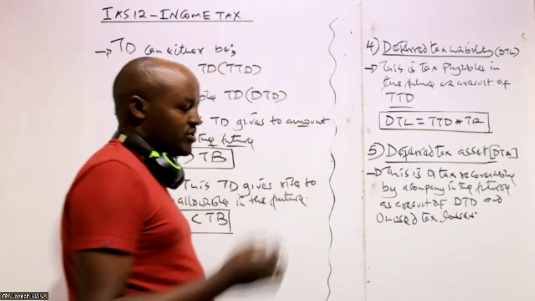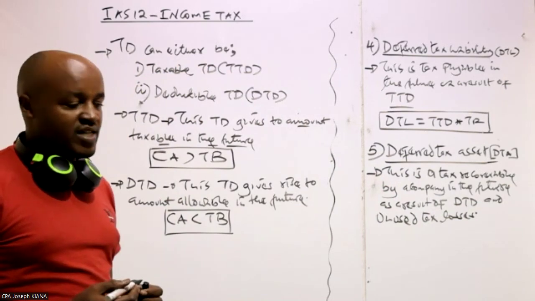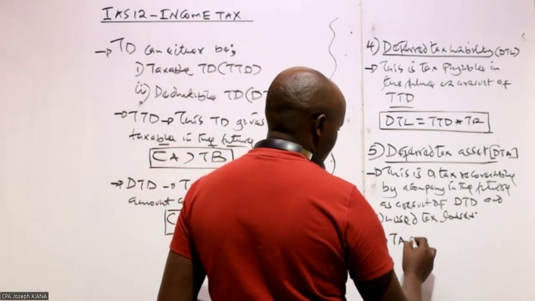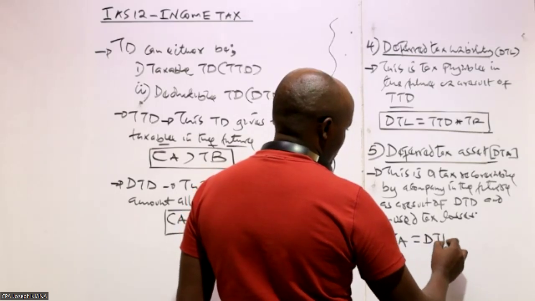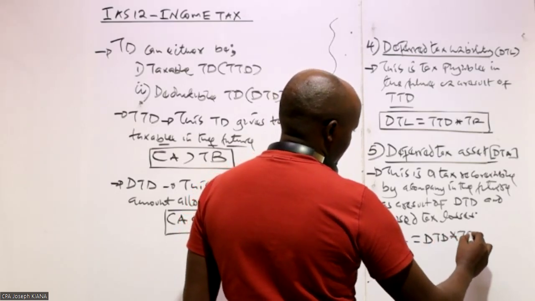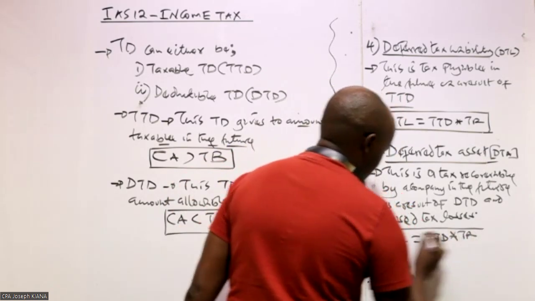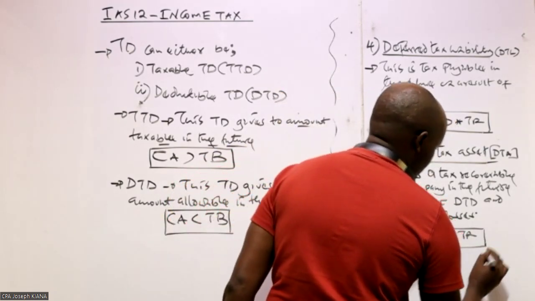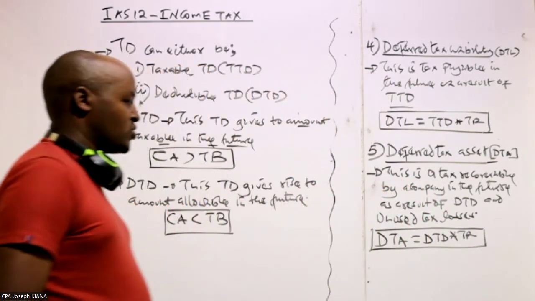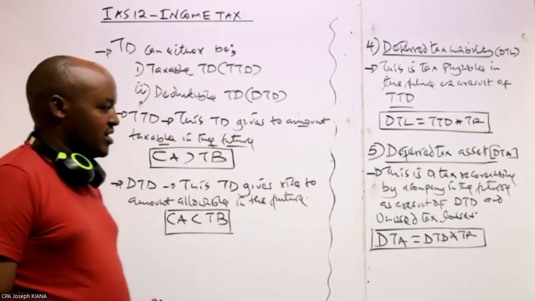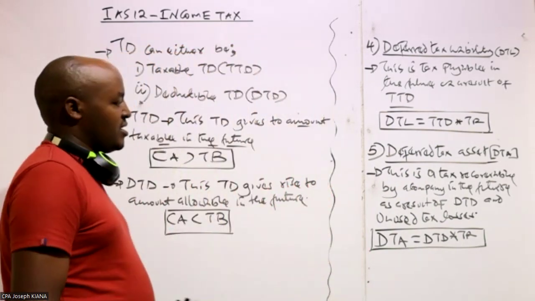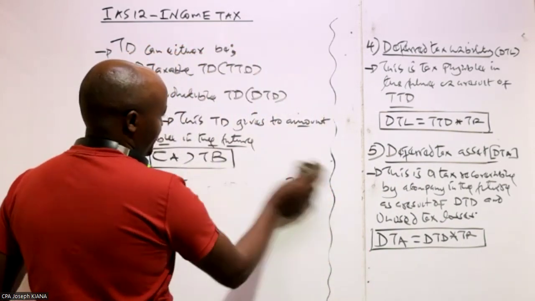It is the tax which the company will recover from the tax authority in the future. And therefore, to compute the deferred tax asset, we take the deductible temporary difference times the tax rate. So that's how we determine the amount of deferred tax asset.